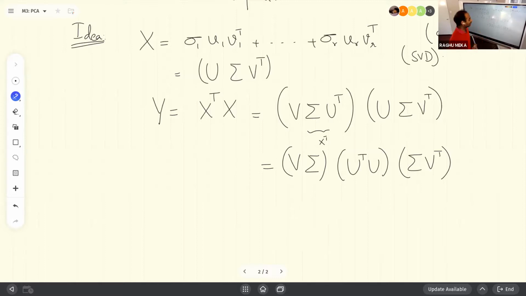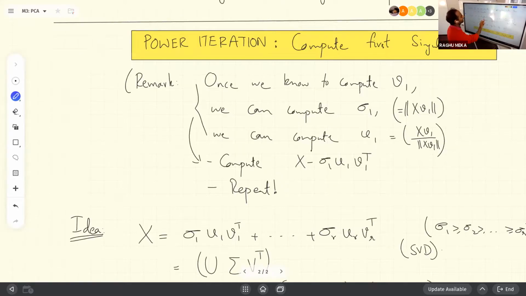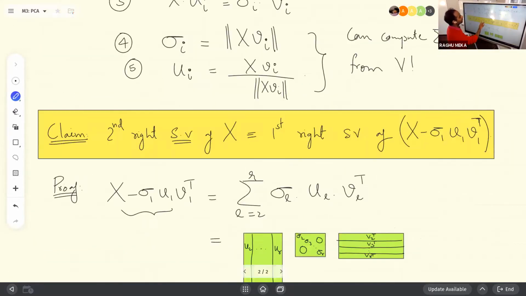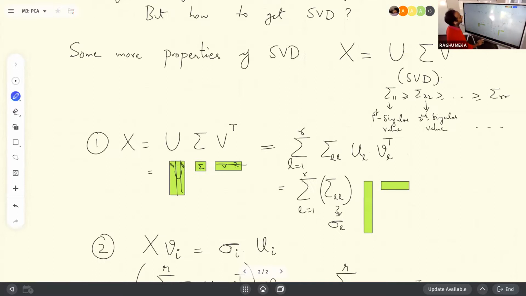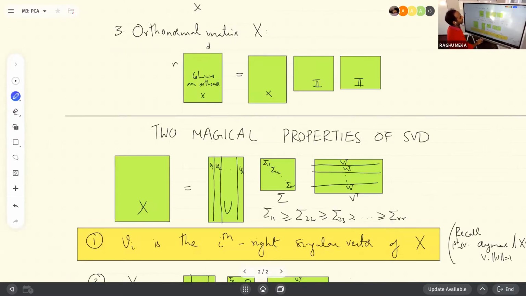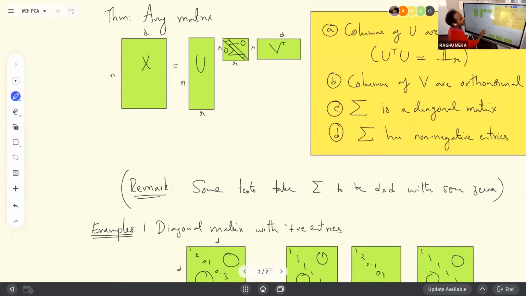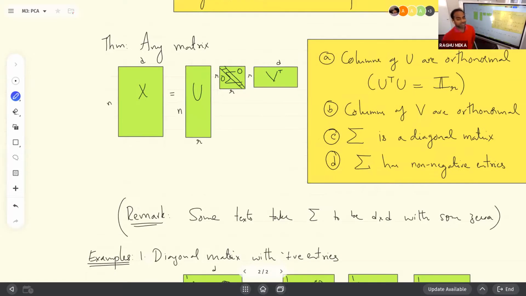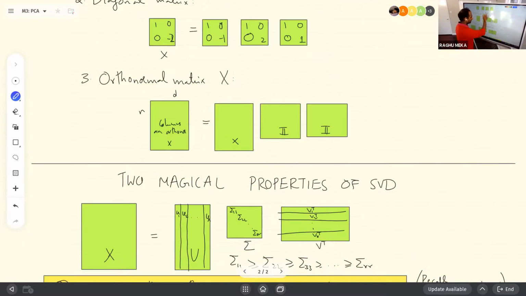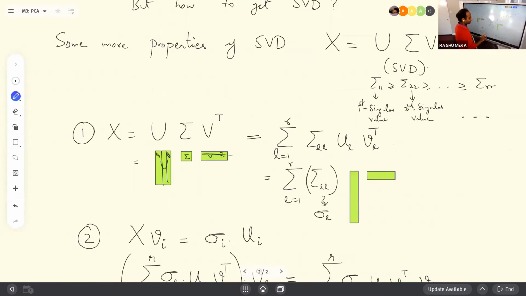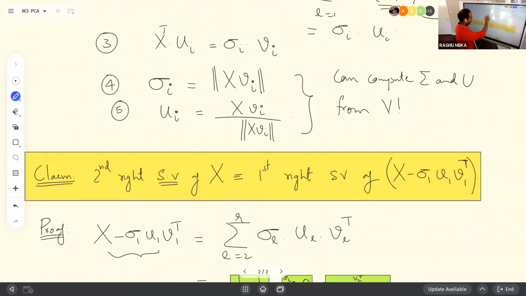Of the four properties of the SVD, the first one was that the columns of U are orthonormal, meaning U transpose U is just the identity matrix.